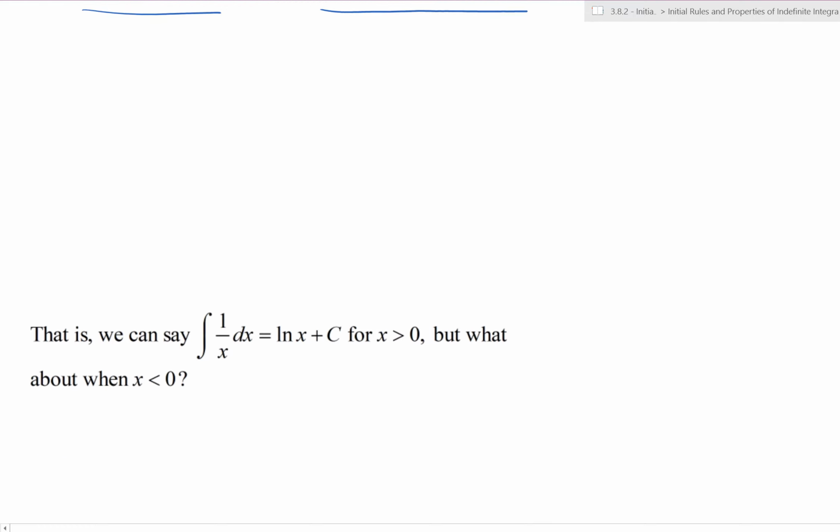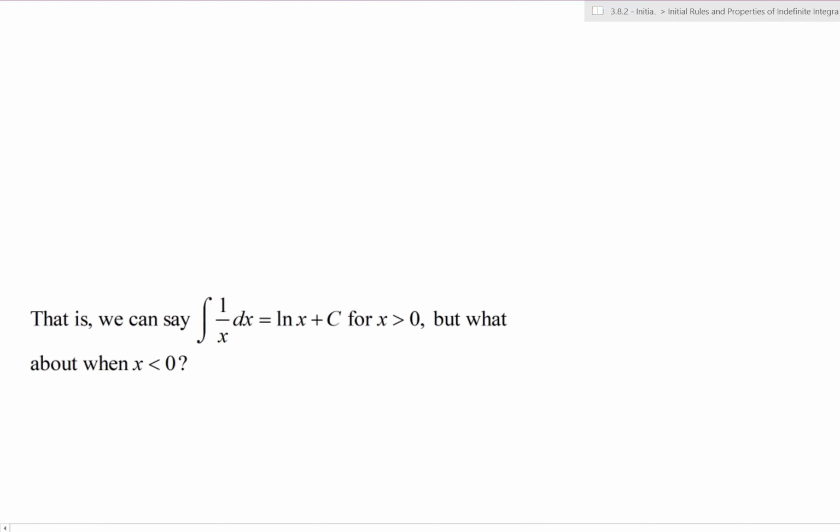Now, before we investigate further, we can say that at least for positive values of x, this is true, that the antiderivative family of 1 over x dx is the natural log of x plus c. However, we need to figure out what's going on when x is negative, because that's not going to be true if x is negative. Clearly, natural log of x isn't even defined then.